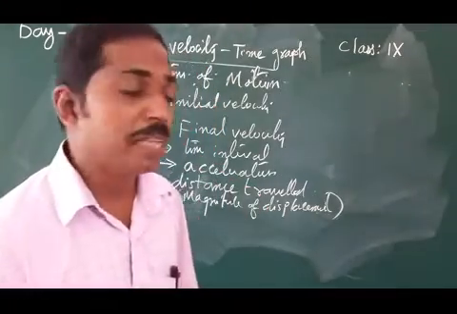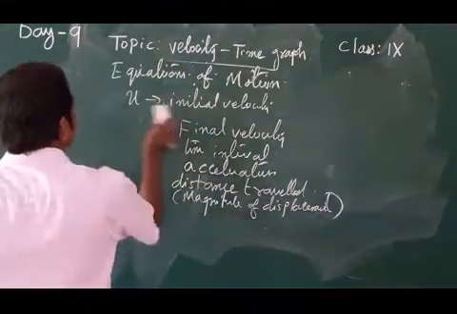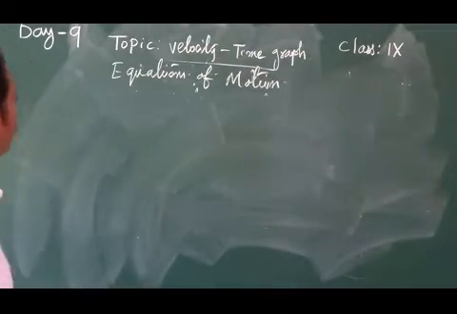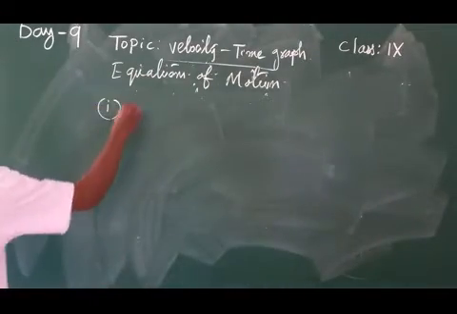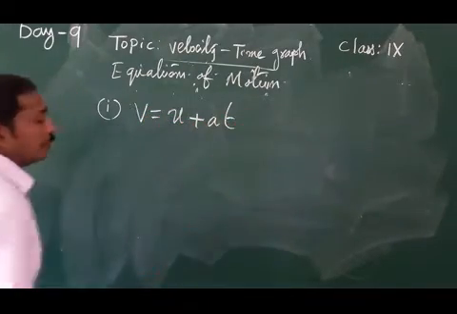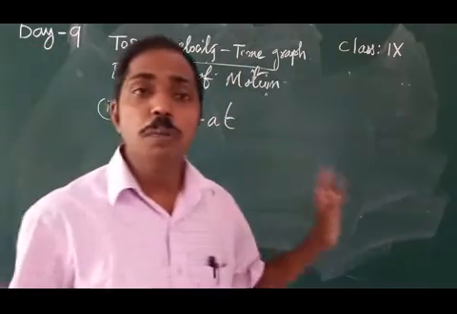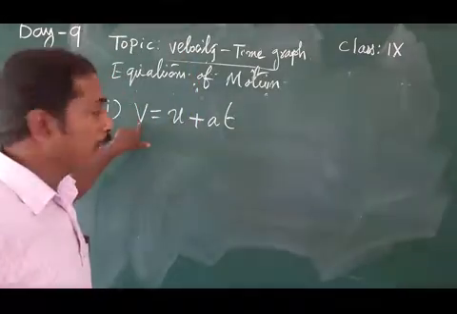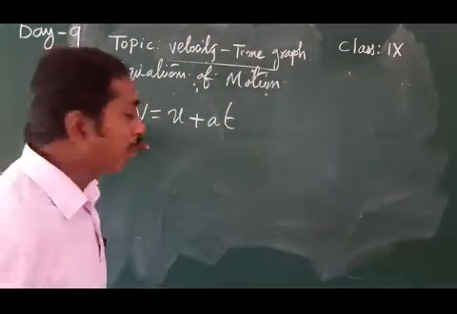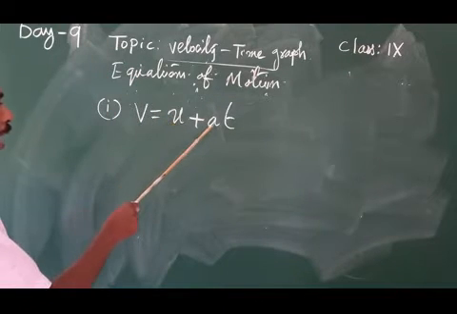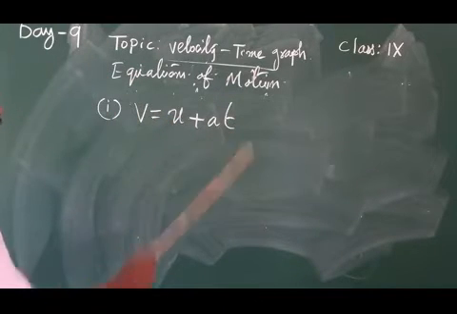The three equations are: first one, v equal to u plus at. Here v is the final velocity, u is the initial velocity, a is acceleration, t is time.